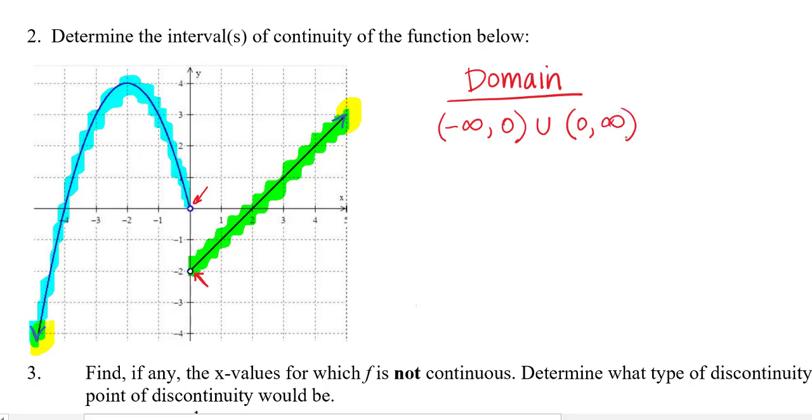So if you understand this idea of domain, that I have sort of a broken domain at x equals 0, or in other words, I had to pick up my pencil if I were drawing this curve at x equals 0, I have a jump or a point of discontinuity at that value. If we understood that from before, we're going to do pretty well with continuity.